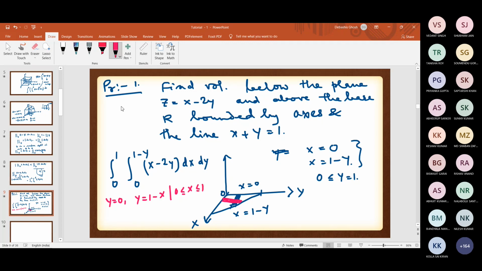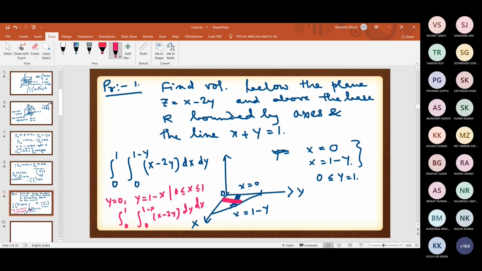So either of the processes you can evaluate, that will give you the answer. That is integration 0 to 1 for x, integration 0 to 1 minus x of x minus 2y dy first, and then dx. Both the integrations give you the same value, and then you can evaluate.